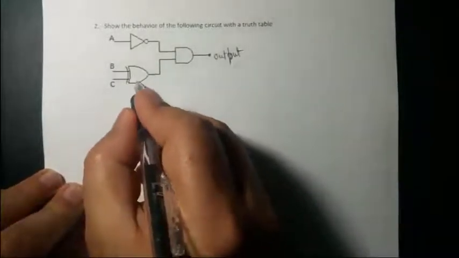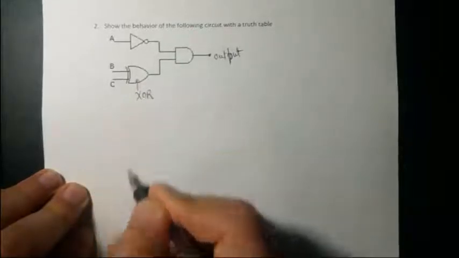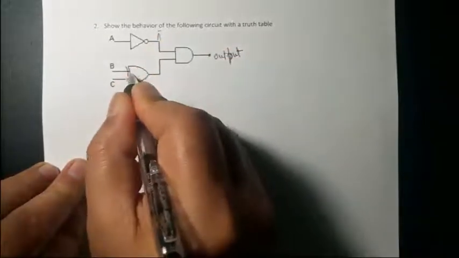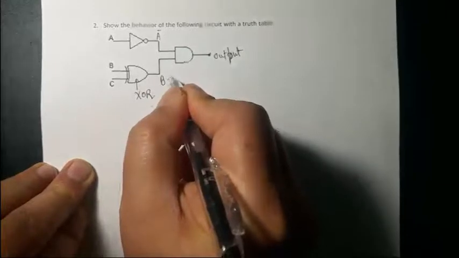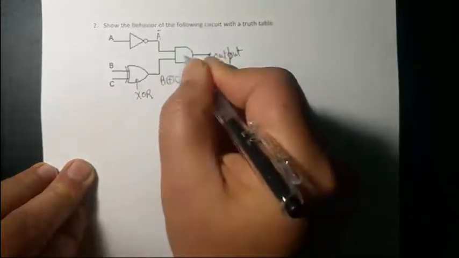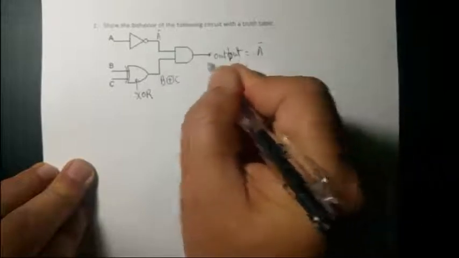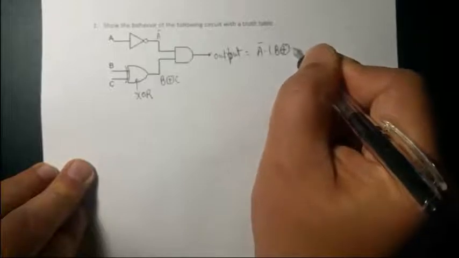Remember, this symbol is for the XOR gate. A complement, and B and C are connected to the XOR. This is multiplication, so the output will be A complement times B XOR C.